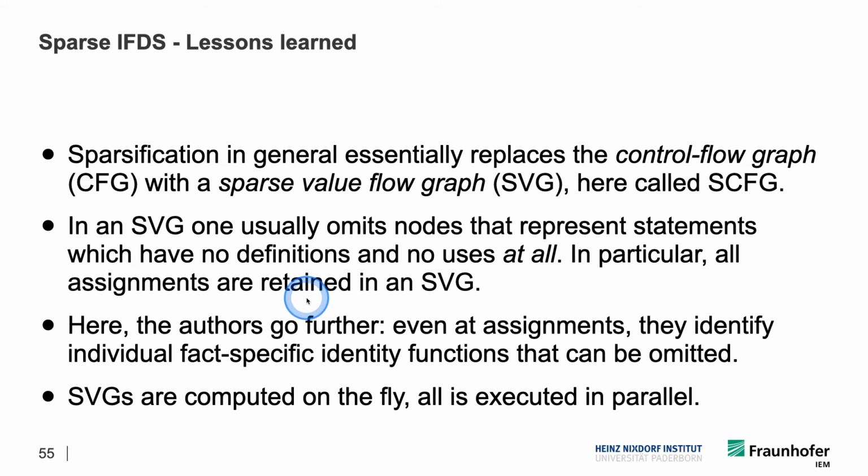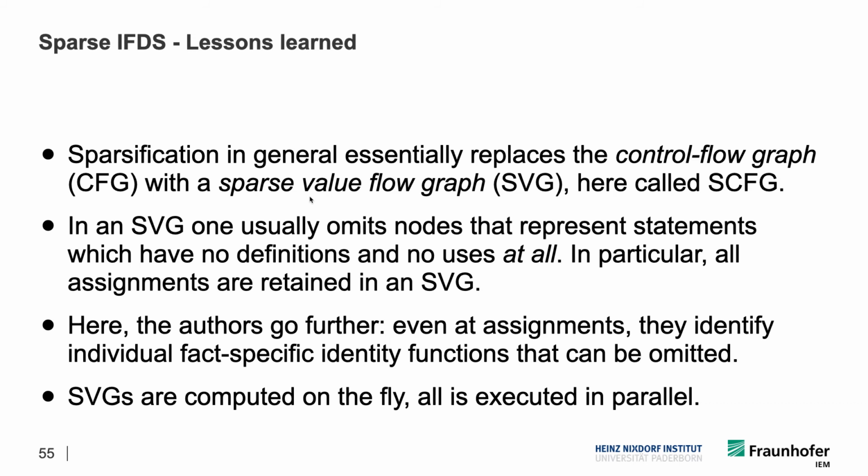In such an SVG, one usually omits nodes that represent statements which have no definitions and no uses at all, right? So in other papers, if you look at sparsifications, they will basically eliminate all these statements that have no relevance to any assignments whatsoever, that don't assign values.